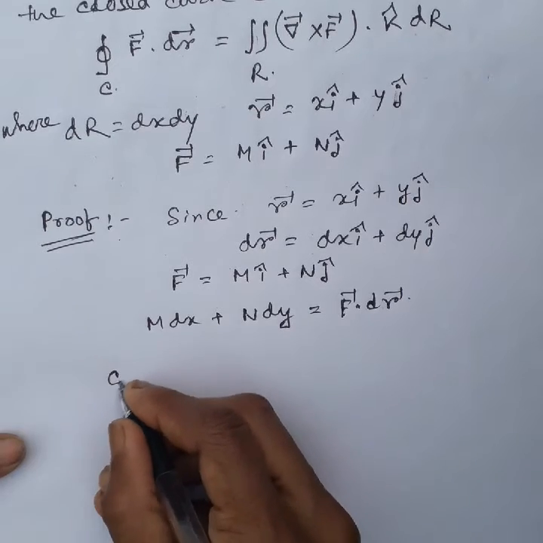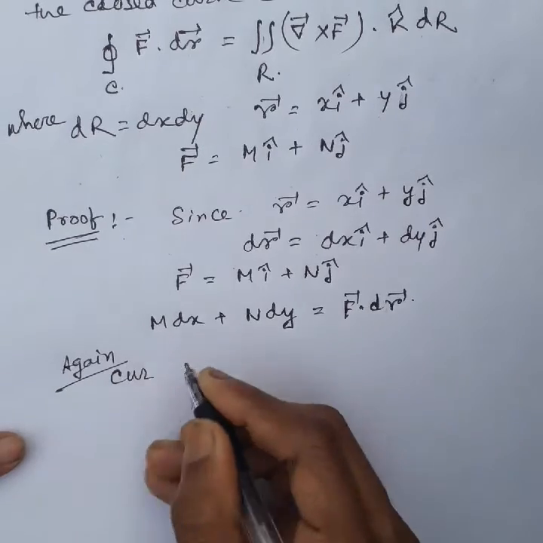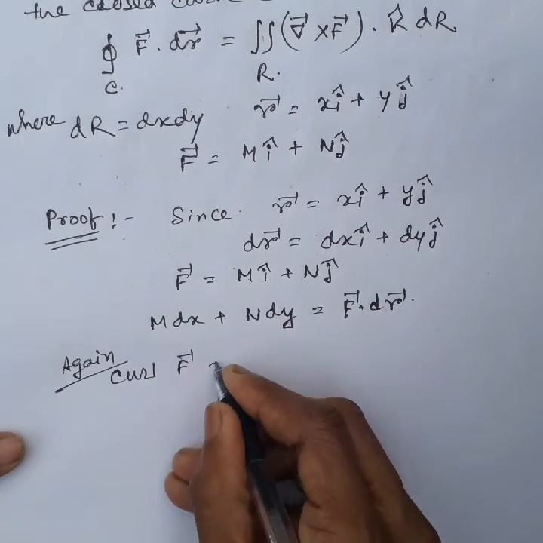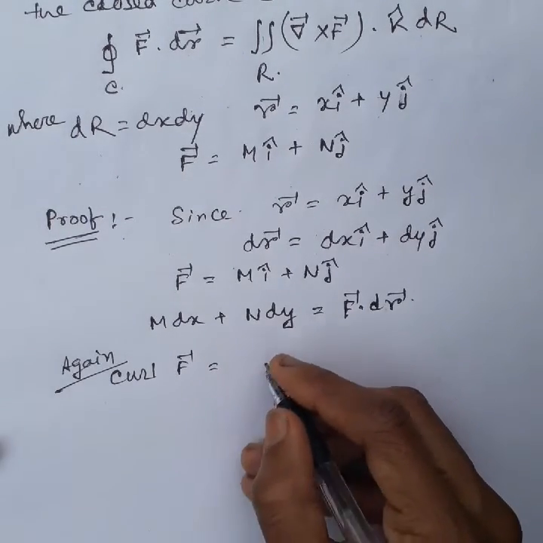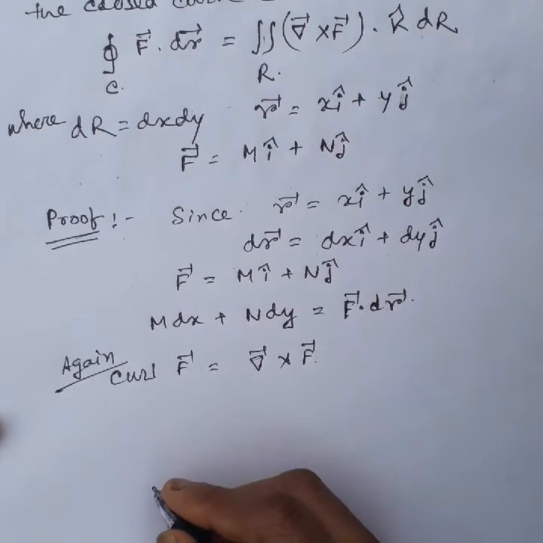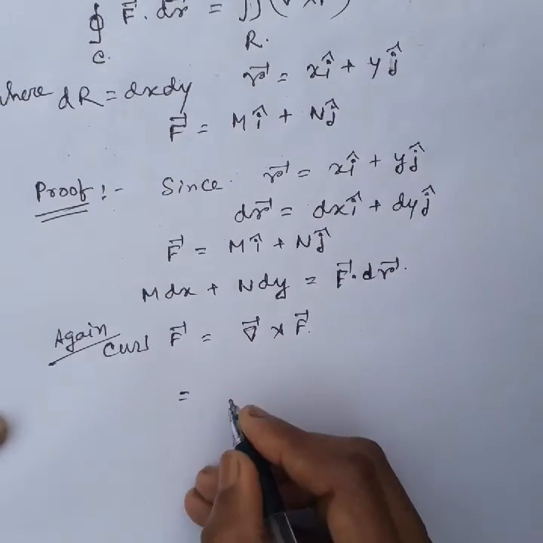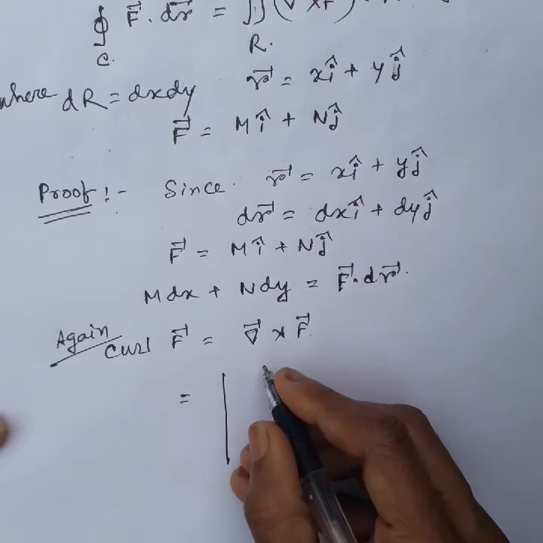Again, curl F means grad cross F, the cross product of del and F. So you know this, how can you find it?